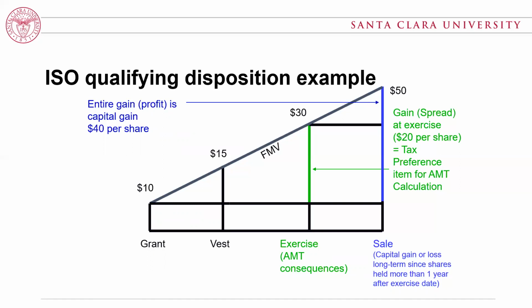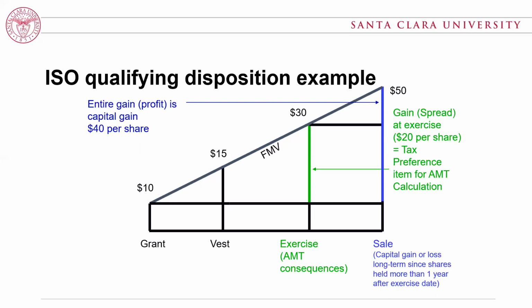The ISO is exercised when the share price is $30. That $20 difference between the exercise price and fair market value on the exercise date, as we talked about, is not taxable for ordinary income purposes, but is a tax preference item for the alternative minimum tax calculation for that calendar year.